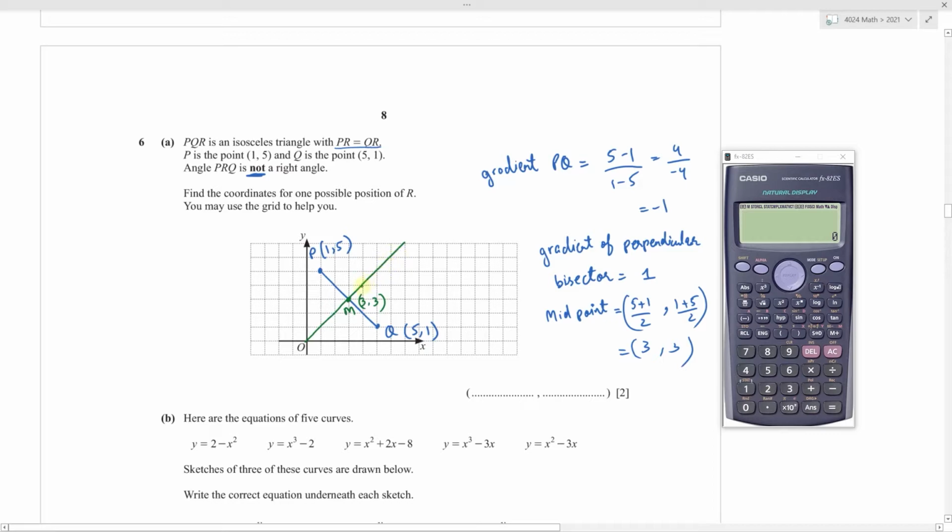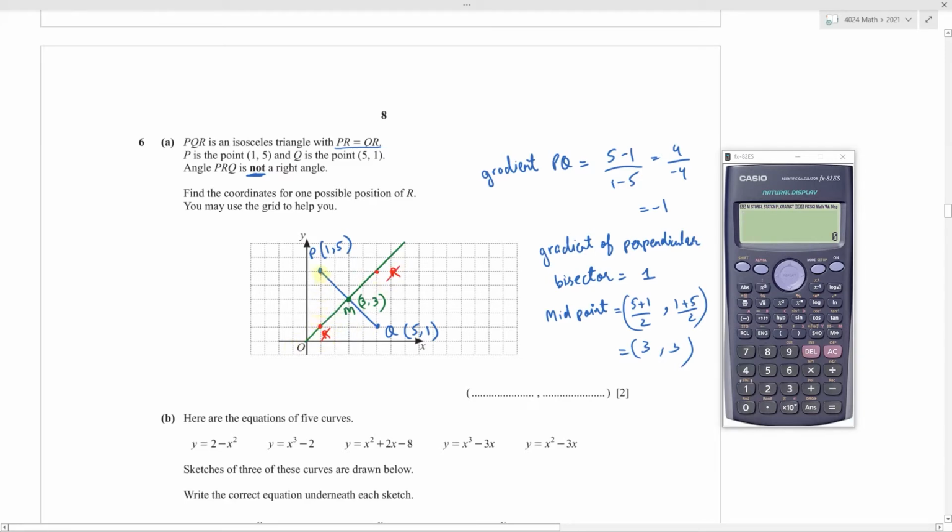So my R can lie anywhere on this line, but there are two locations which are not correct for R, which are those which create a right angle PRQ. If R is here, this is not possible, because if I join PR and RQ, they are equal in length, but it will be a 90-degree angle here. And similarly here as well, R is not possible.